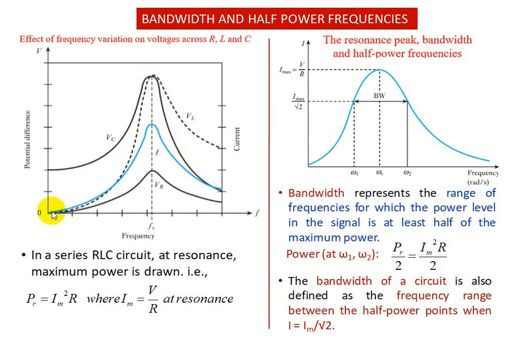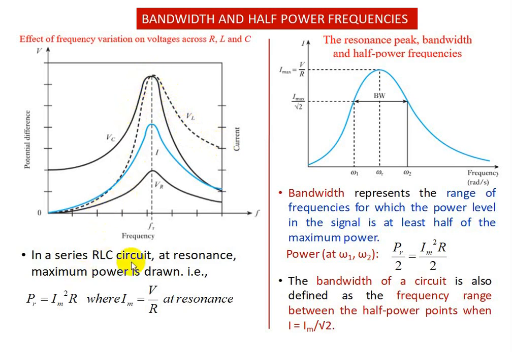Then coming to the VL, at low frequencies, the voltage across inductance is less, and as frequency is increased, voltage across inductance also increases. At resonance, it becomes maximum, and with further increase in frequency, voltage across inductance also reduces. So at this point, we find that both VL and VC are same.